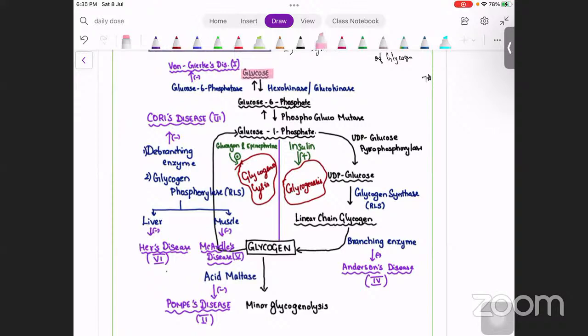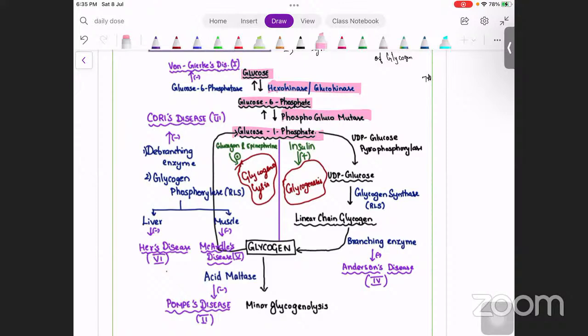We have glucose. Glucose will be converted into glucose 6-phosphate, mediated by hexokinase or glucokinase. The glucose 6-phosphate will be converted into glucose 1-phosphate, mediated by phosphoglucomutase. Remember, phosphoglucomutase belongs to glycogenesis.